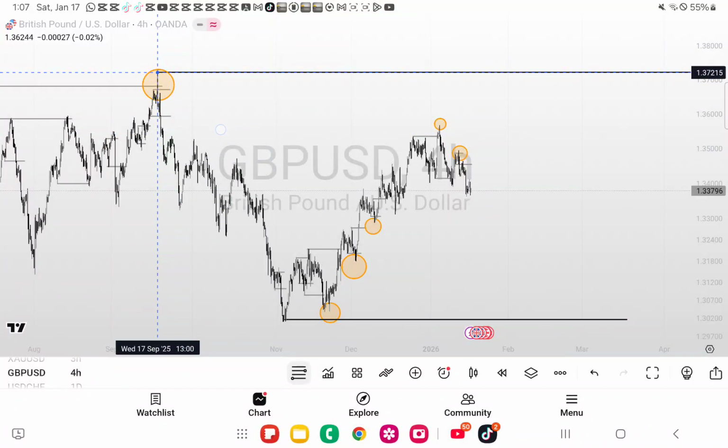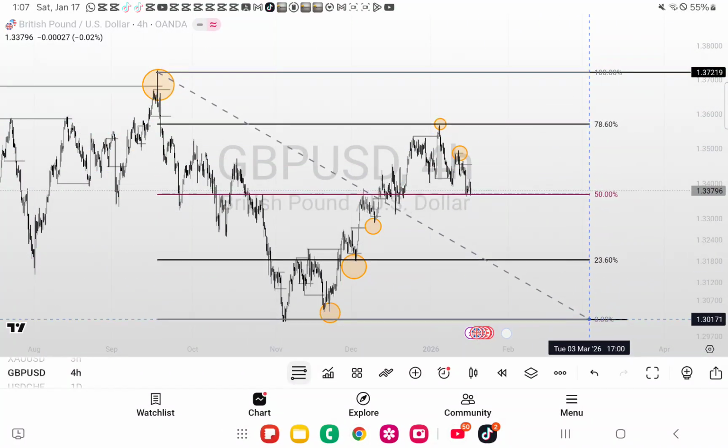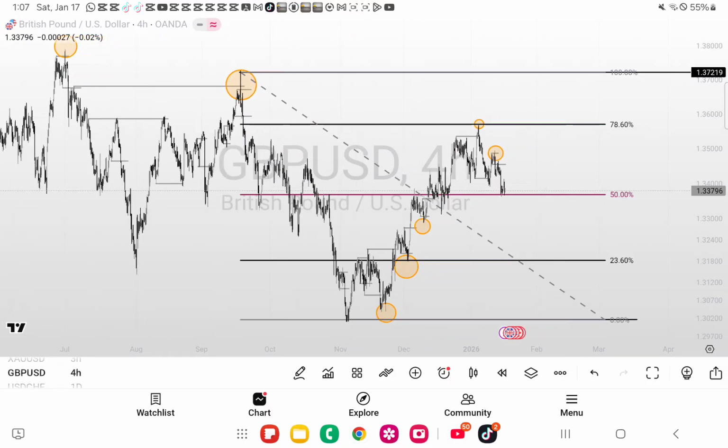This was a downtrend, from the high to the low. What can you see? Price has tapped into the 78.6%. That is a premium, a golden zone, where you can look for a good sell opportunity. That's where we have our retracement. So you see, this is a new retracement that is forming inside of this trend.